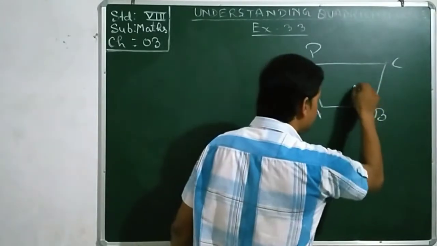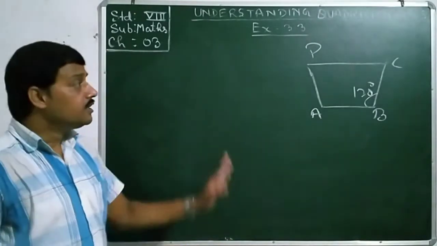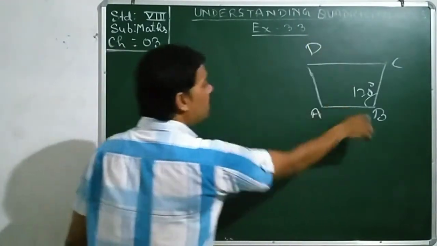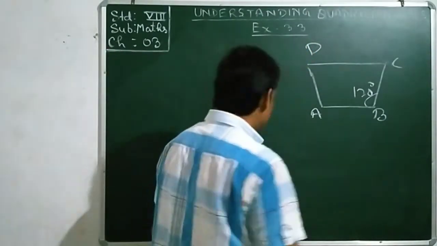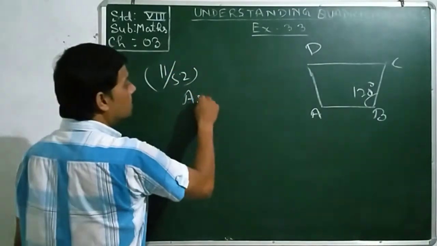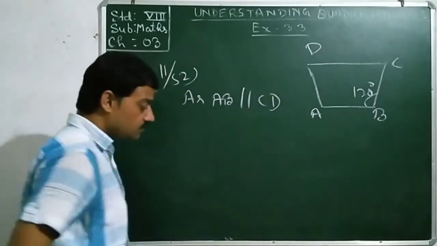Angle B is given as 120 degrees and it is given that AB, this is D, AB is parallel to CD. See, the sum is 11, as AB is parallel to CD.